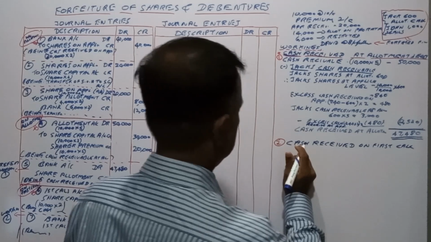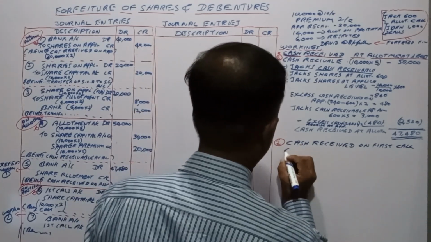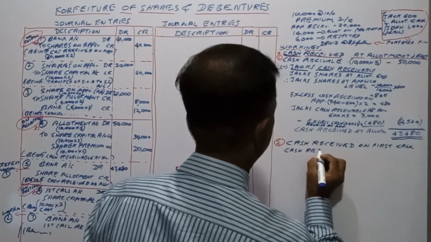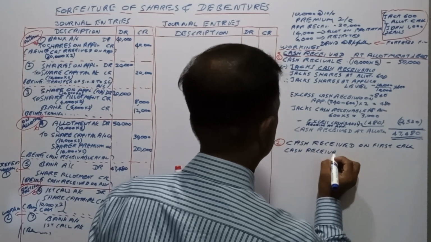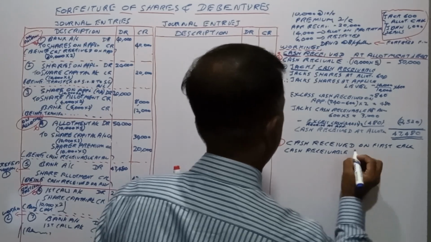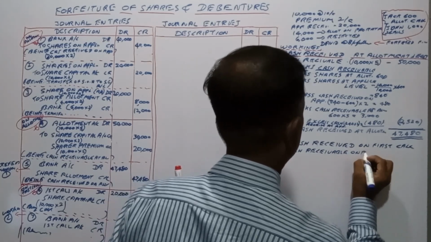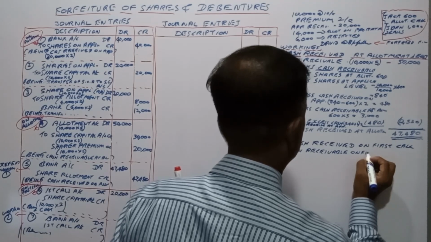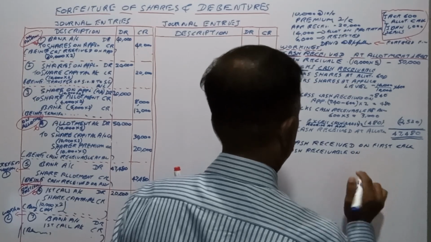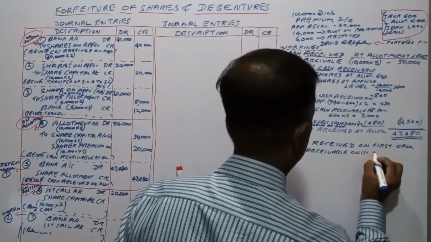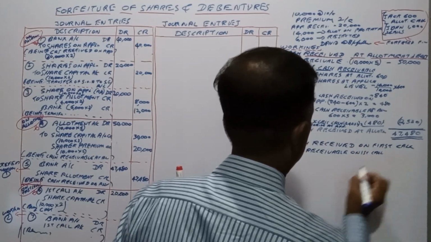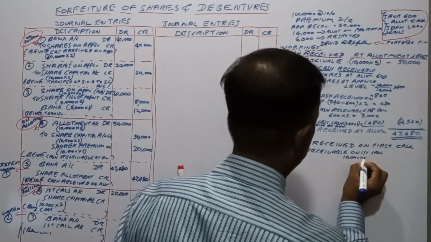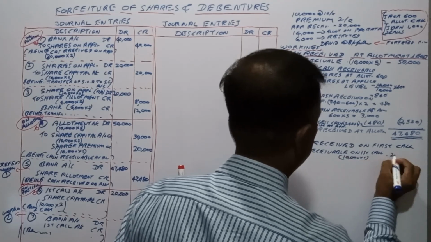Cash receivable at first call. First call is 10,000 into 2, that is 20,000.